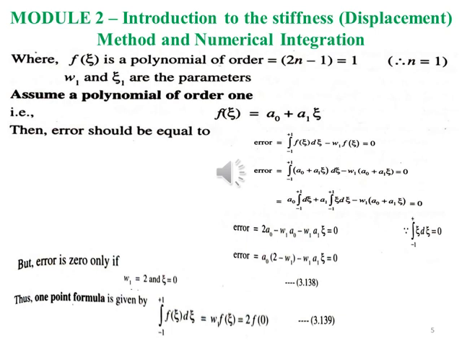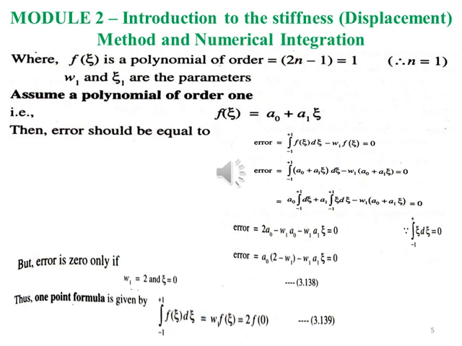Substituting the value for f of z, we get the integral of a0 plus a1 z dz minus w1 into a0 plus a1 z1 should be equal to 0 when integrating over minus 1 to plus 1. So taking a0 as common, a0 times the integral from minus 1 to plus 1 of dz plus a1 times the integral from minus 1 to plus 1 of z dz minus w1 into a0 plus a1 z1 is equal to 0.